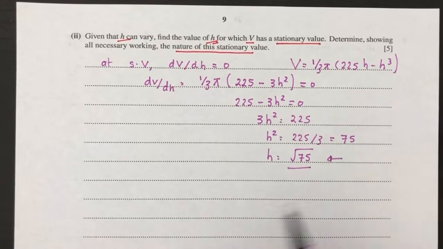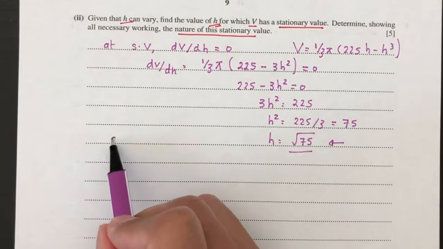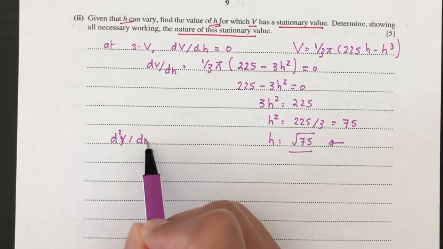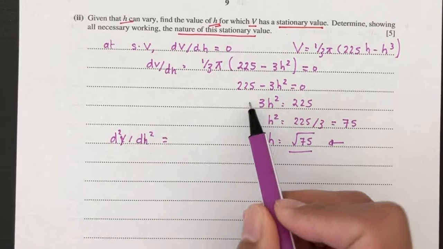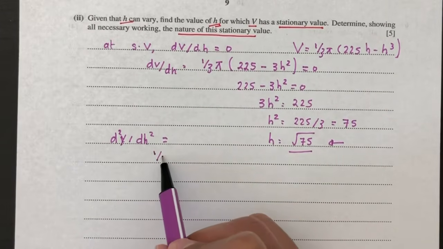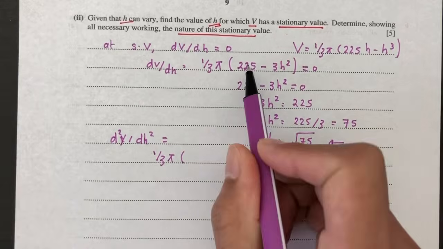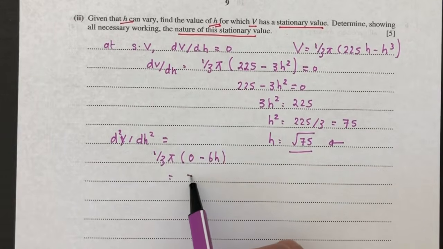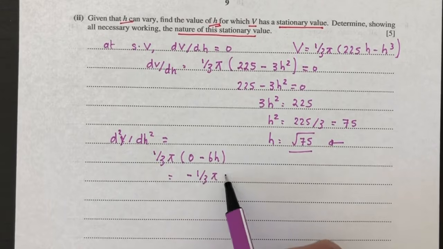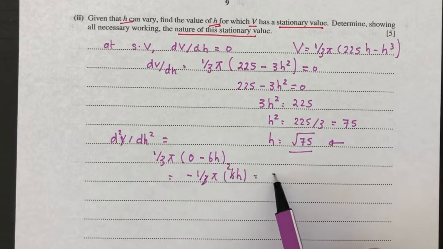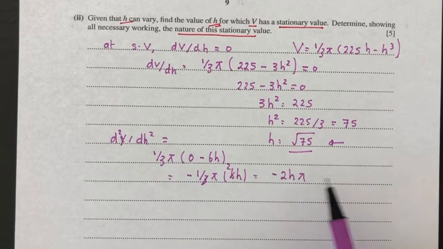Now for this value of h, find the nature of this value. So how would you find nature? We have to find d2v by dh2. That will be differentiating this equation. That will become 1/3 pi outside, and this will become 0 minus 6h. So that will become minus 1/3 pi times 6h. Simplify. That will become minus 2h pi.